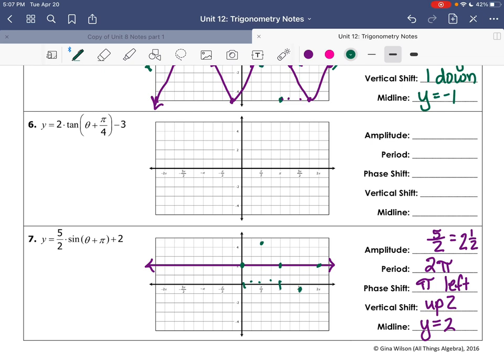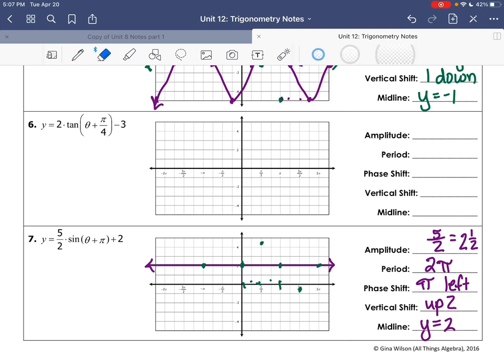So basically what is on 0 is going to be at negative pi, and what is at pi is going to be at 0. So those 2 points don't change, but everything else changes. They all are going to switch.